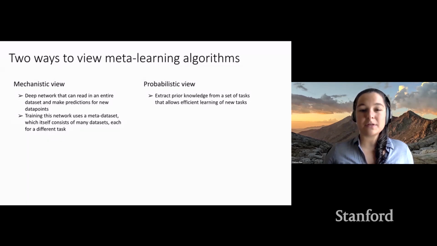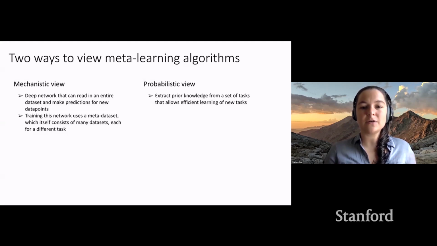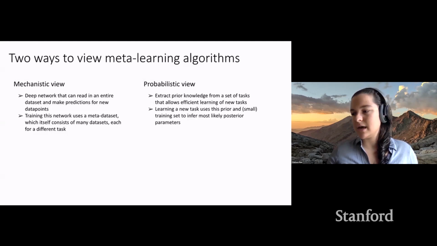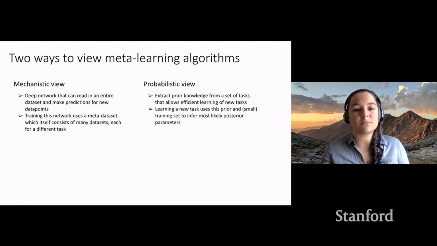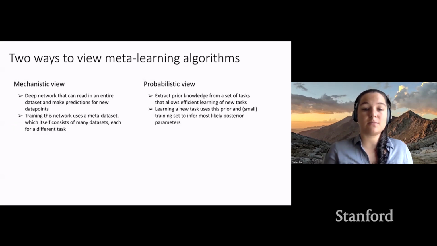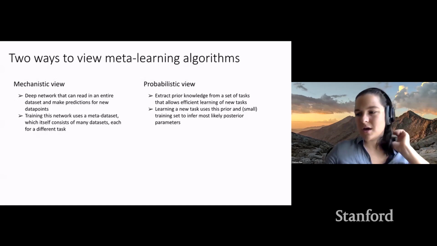And then the probabilistic view is you can view meta-learning as trying to extract prior knowledge from a set of tasks that allows for efficient learning of new tasks. Specifically, learning a new task uses this prior and a small training data set to infer the most likely posterior parameters. These two views are both quite interesting and useful.